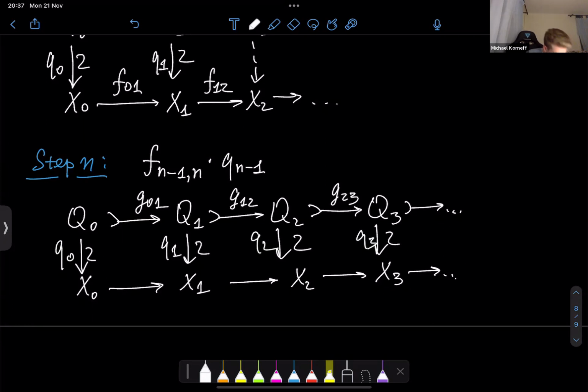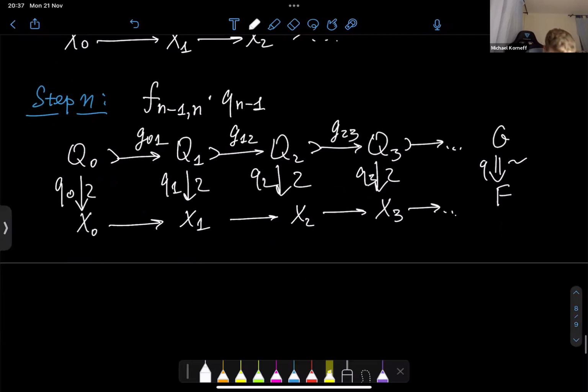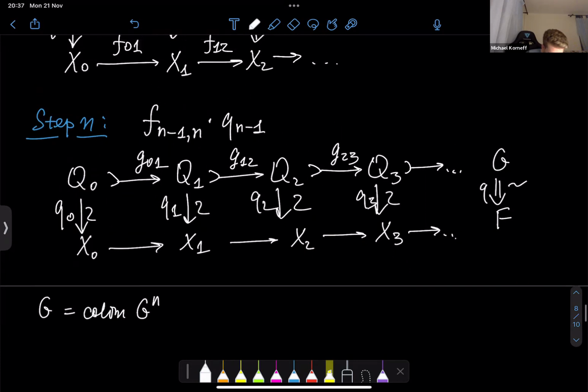Okay, so we have the natural transformation between the functor G and the functor F, and G is a colimit of the functors Gn.